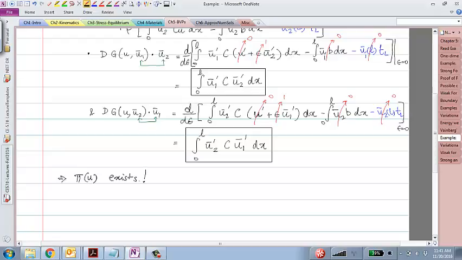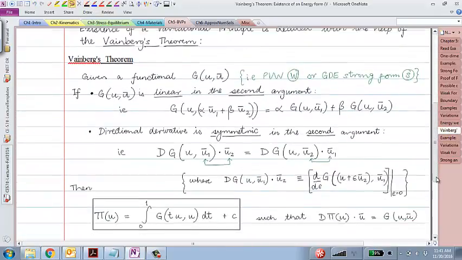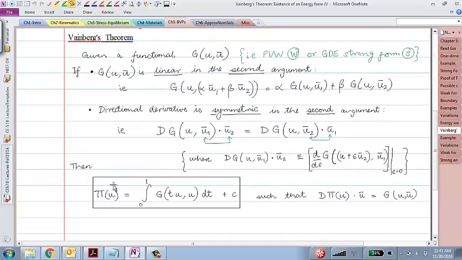Okay, and how do we find pi u? We just go back to the definition of the Weinberg theorem, and we see that pi u can be obtained in this manner. So let's do that.